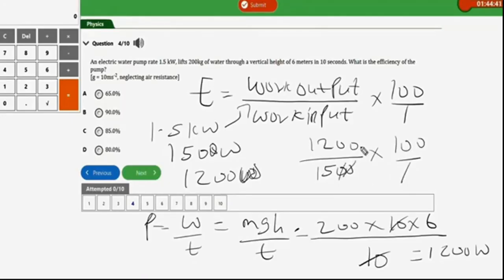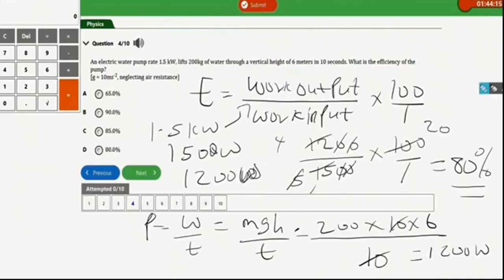This will cancel itself. 3 fours, 3 fives, 5 into 100, we have it to be 20. So 20 times 4 gives us 80. So that's 80 percent, and that will be the efficiency of the pump. It's as simple as this. The correct option is option D. Let's wipe this now and solve the next repeated question.